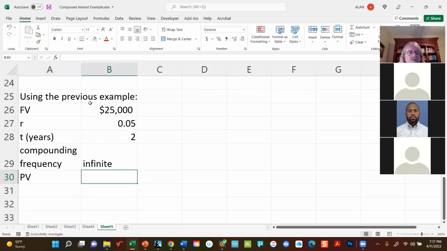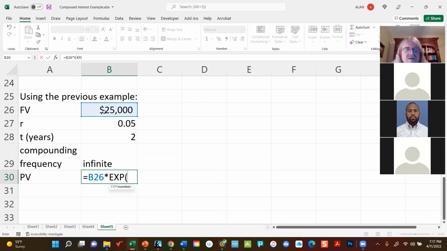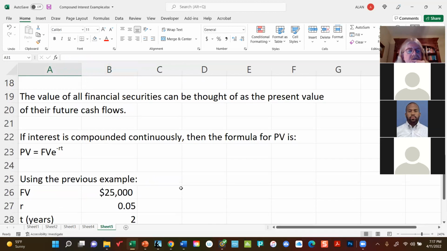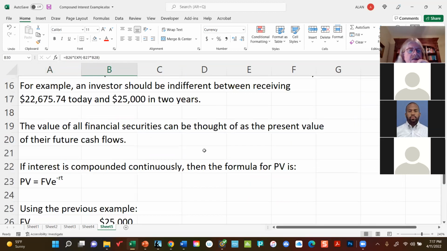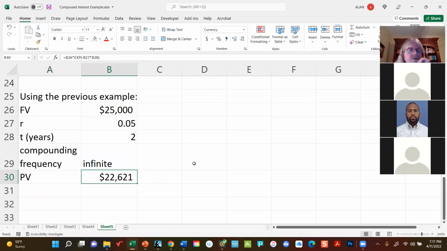Well, we'll use this formula up here. We have 25,000 times e, this is how Excel uses e, and then the exponent is minus R times T. And that's going to drop it down to 22,620. It's a little lower, not much. If you want to round it to dollars and cents, it's 22,621.